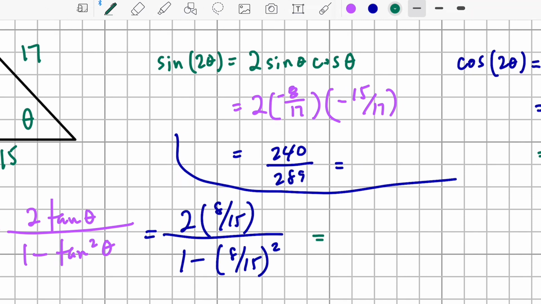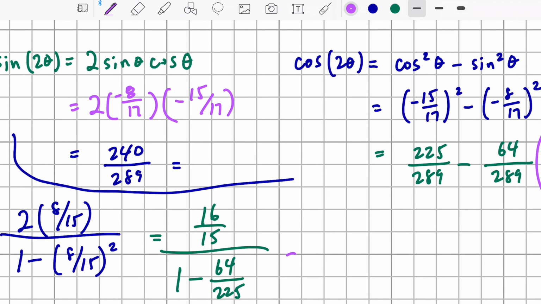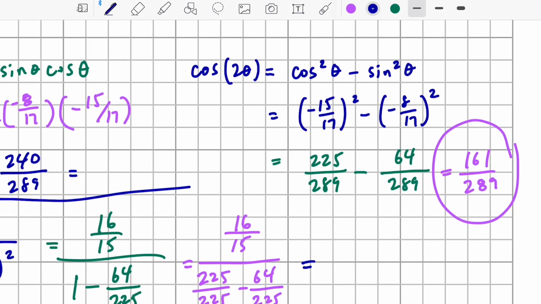That's going to give me 2 times 8 is 16 over 15 divided by 1 minus, if I square 8 over 15, I get 64 over 225. So if I want to simplify more, the numerator stays the same. Denominator, I'm going to rewrite it as 225 over 225 minus 64 over 225. Again, numerator stays the same.